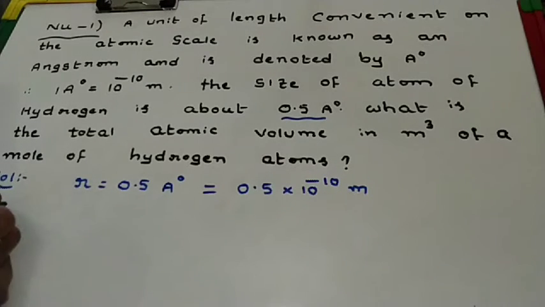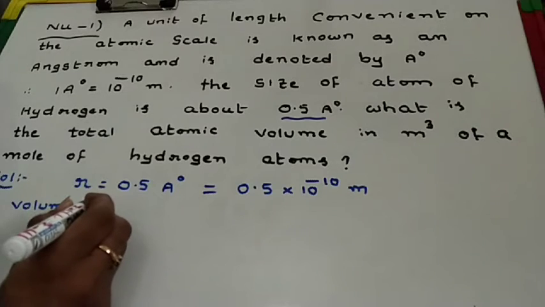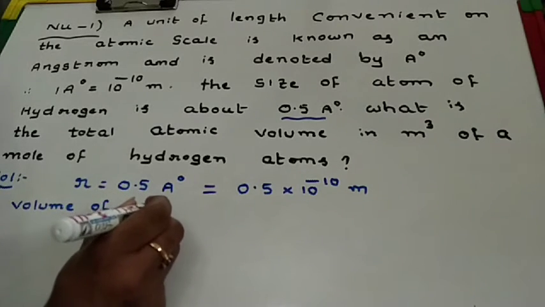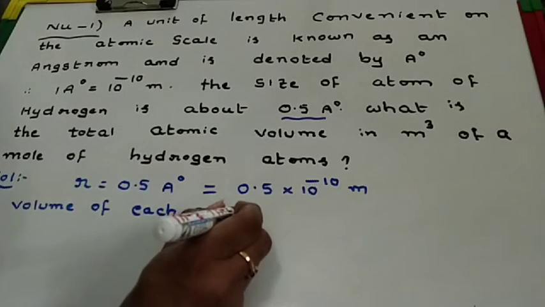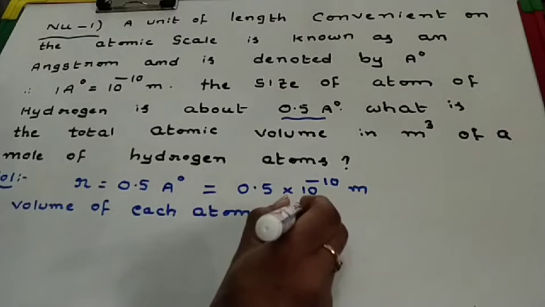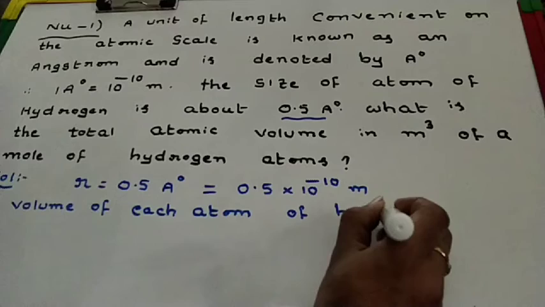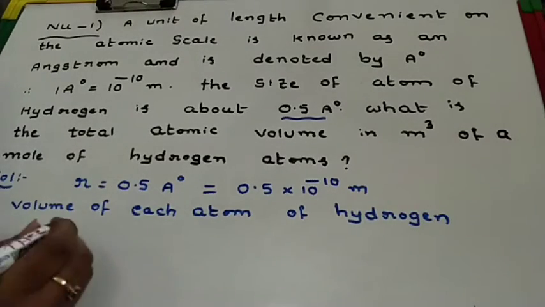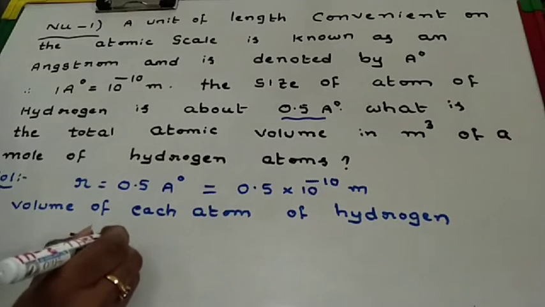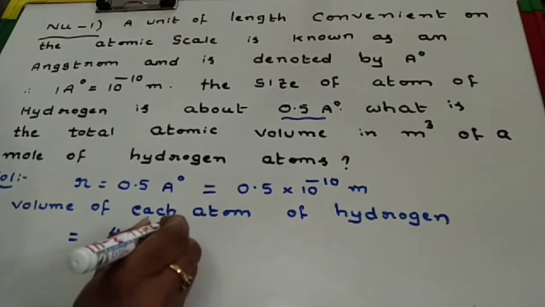Now the volume of each atom of hydrogen is, what is the volume? 4 by 3 pi r cube.